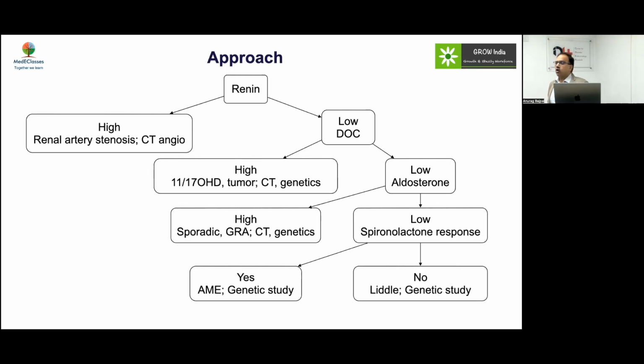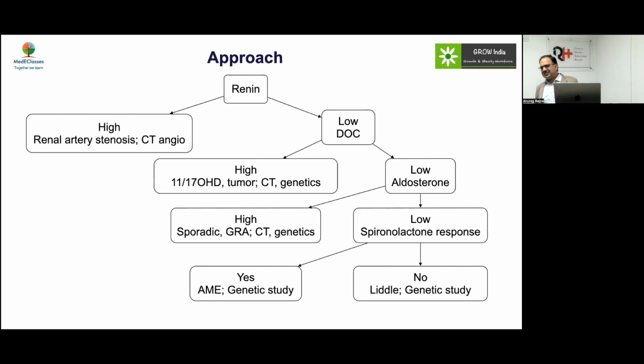If there is no response, this is most likely Liddle syndrome and you have to go for a genetic study. So basically, go for a combination of renin and aldosterone. These two will give you a clue. DOC will also be helpful, and then spironolactone response. High renin, renal artery stenosis; low renin, high DOC. You may not get a specific diagnosis, but you will get clues.